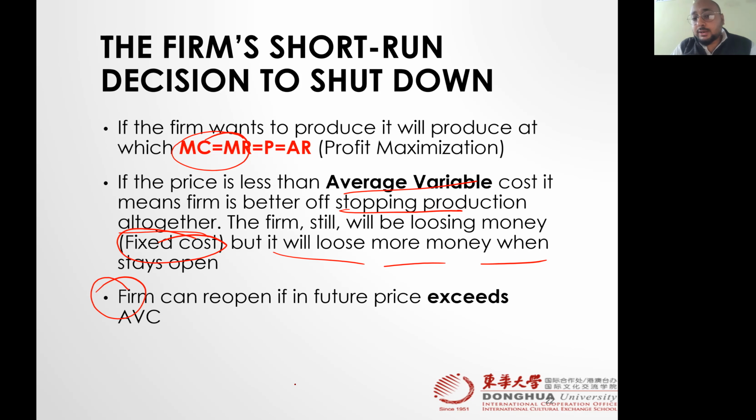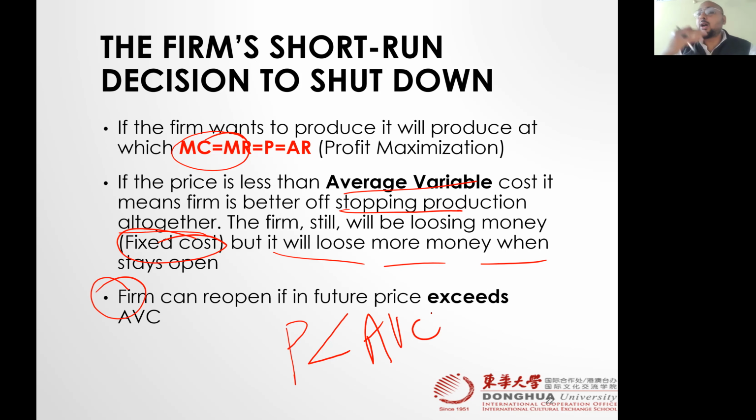What is the shutdown condition? Shutdown is a short-run strategy when price is less than average variable cost. It means that by producing more, you incur losses on top of the fixed costs like salaries, building rent, plant rent, leasing, which you are paying anyway. But if you start production, you will lose more. So it's better to stay shut down for a temporary period of time.